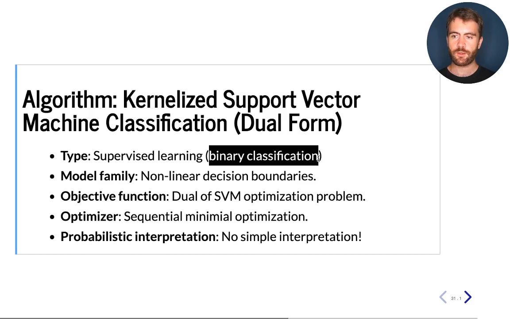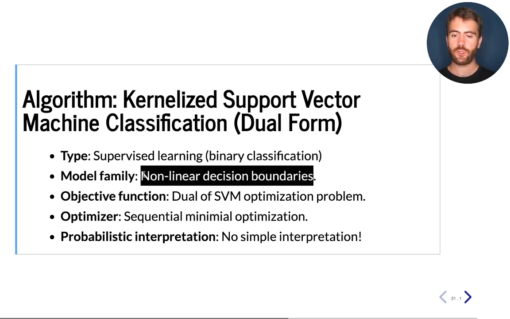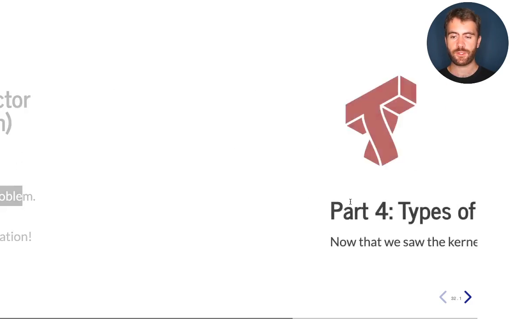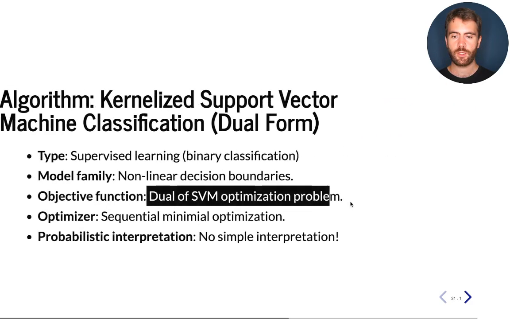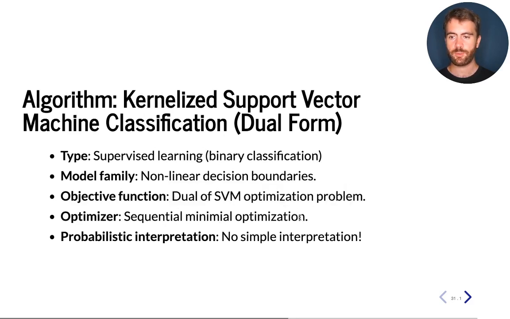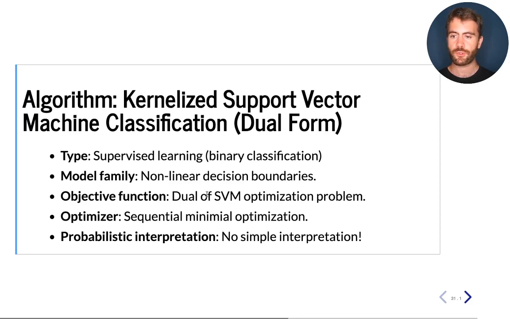Because we're using these potentially highly nonlinear features, we're able to learn nonlinear decision boundaries, and we're able to compute these boundaries by solving the dual of the SVM optimization problem using algorithms such as sequential minimal optimization that we saw earlier.